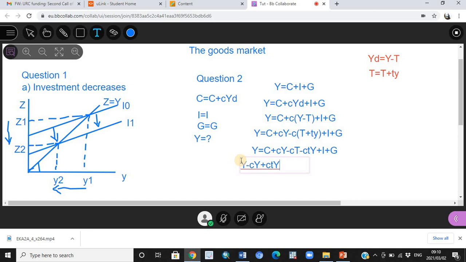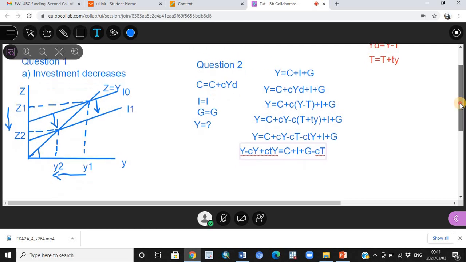This should be equal to C plus I plus G. I'm just organizing this. Since we're coming from our identity, I'm going to move the minus CT to the end, minus CT. This is what I meant. There's no Y even, minus CT. So this comes here.